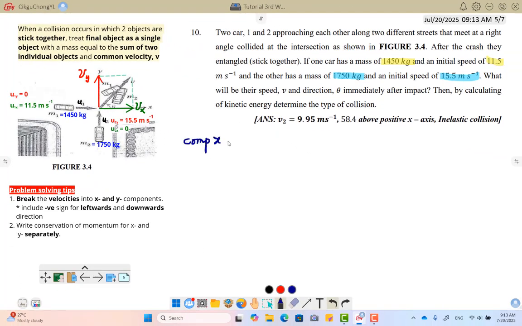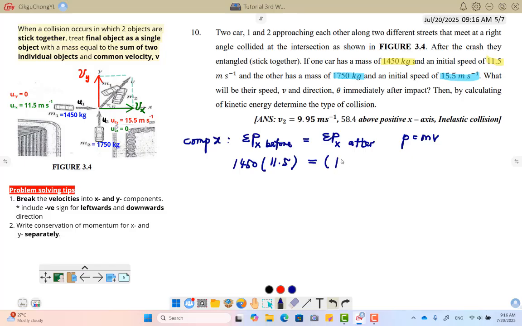For the x component, the total momentum in x before collision must equal the total momentum in x after collision, where momentum is mass multiplied by velocity. Before the collision, we only have car 1 moving rightward with an initial velocity of 11.5 meters per second. So the momentum along the x direction will be 1450 multiplied by 11.5. After the collision, both cars stick together, so we can treat it as a single object.